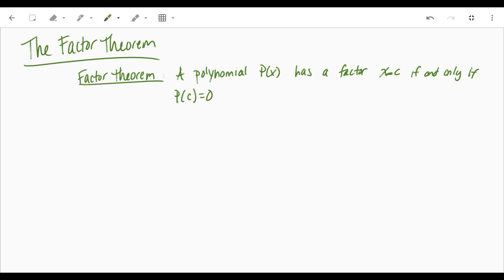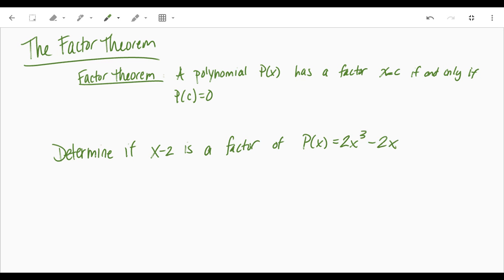Okay, so they want you to determine if x minus 2 is a factor of P of x equals 2x cubed minus 2x squared minus 3x plus 4.